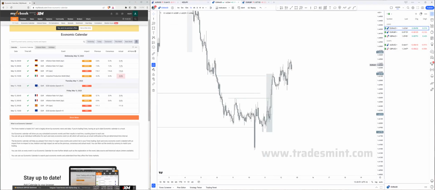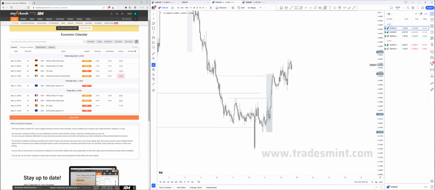Then right here, we had the ECB speech, of course, very important as well. You can see this as a sort of FOMC speech for what's happening in the US dollar. It's kind of the same. So this is a day where high volatility is going to be. Same for Friday. Friday didn't deliver as much as Thursday, but these are days where we want to get involved.